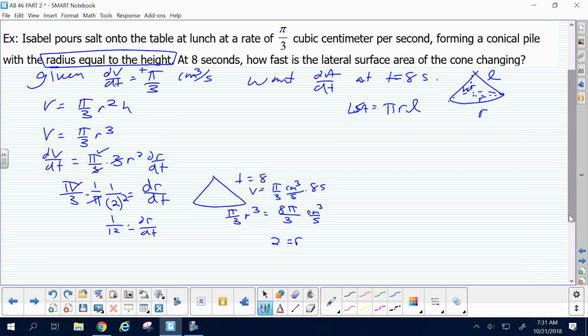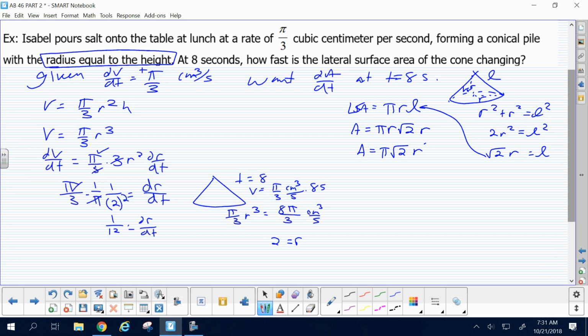So by Pythagorean theorem, R squared plus R squared is L squared. So 2R squared is L squared. So L is root 2 R. If I use that in the area equation, then I get pi r times root 2 r, or the surface area is pi root 2 r squared. Now that's pretty easy for calculus, and now we're home free. dA dt is pi root 2 times 2r dr dt.